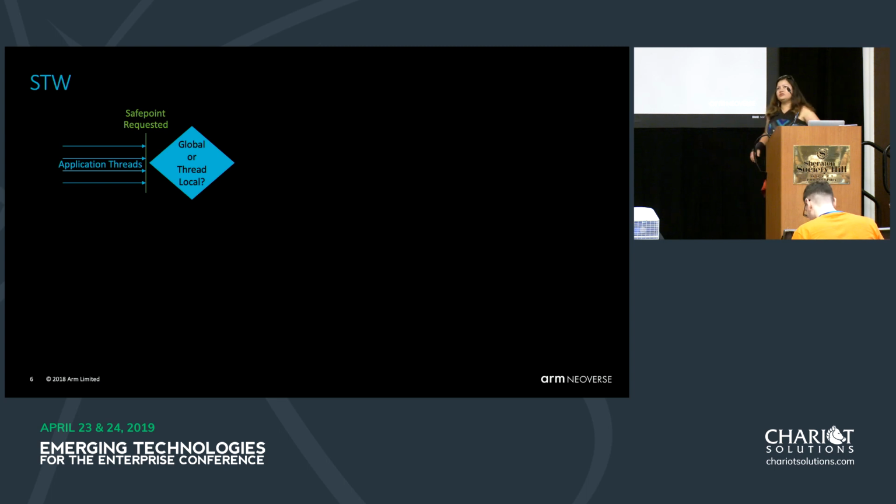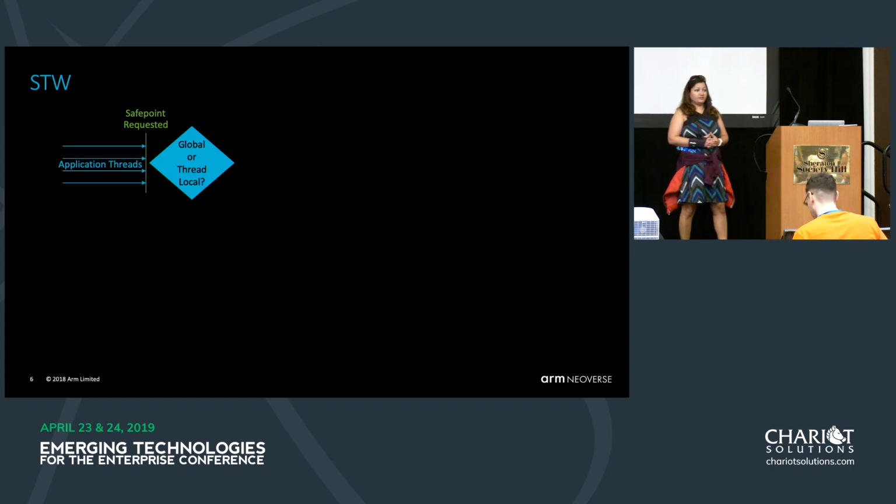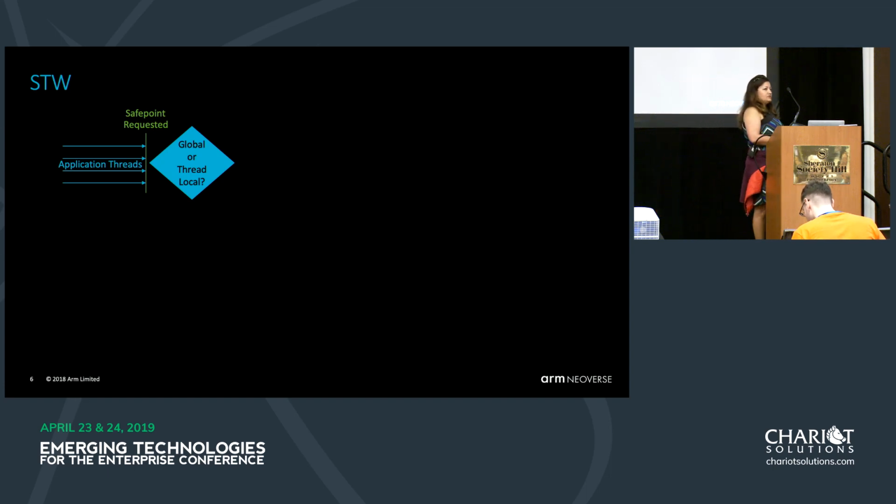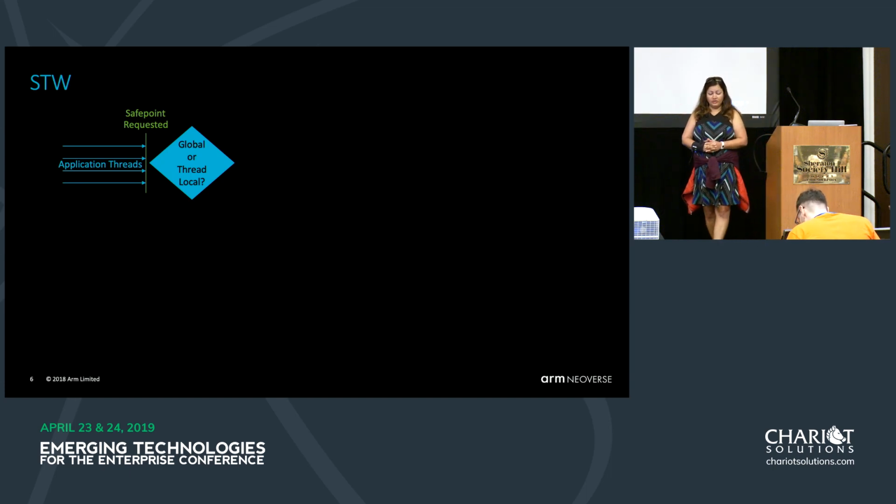Because I'm going to talk about ZGC, which does thread local handshakes, I want to introduce the concept of global versus thread local. So how is the safepoint handled? It's either global, which means a single safepoint request is made and all application threads have to come to a safepoint, and then the garbage collection work can go on. Thread local means that you have a handshake with the threads. So there's a little bit of overhead of the handshakes, but each thread can individually come to a safepoint.